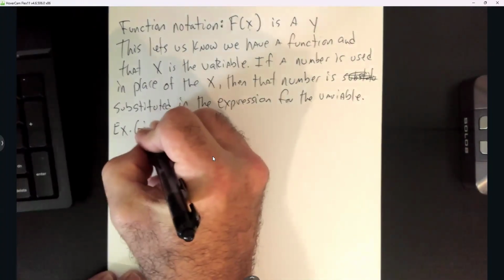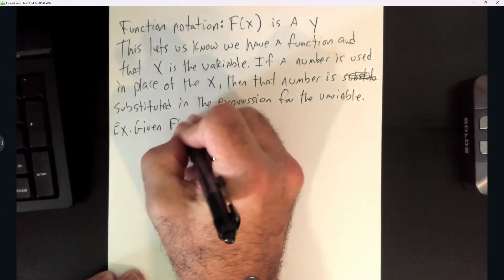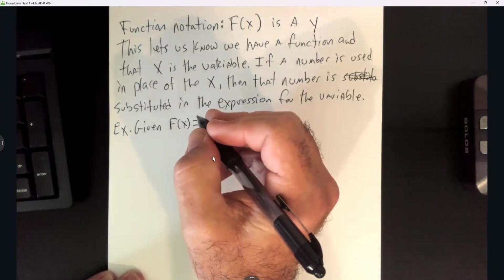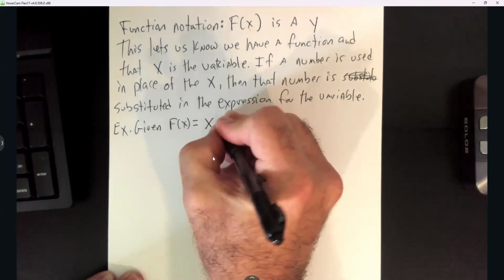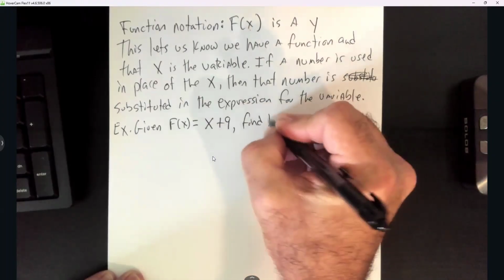So watch this. Given f of x equals x plus 9, they want me to find the following.